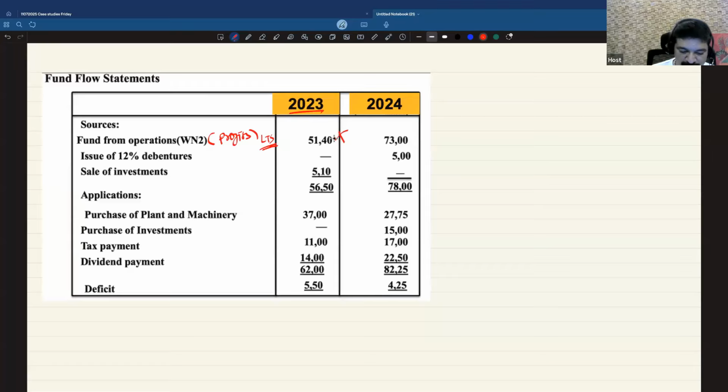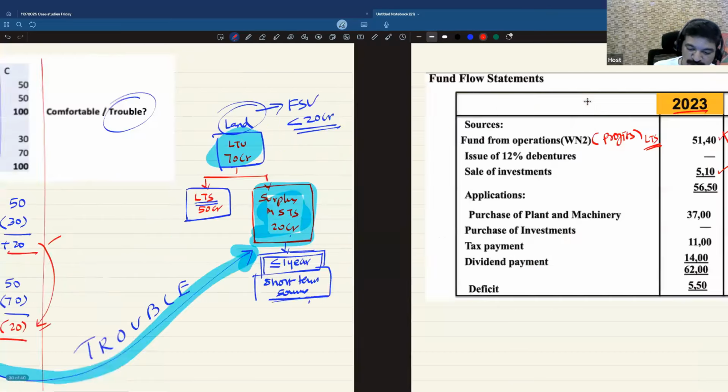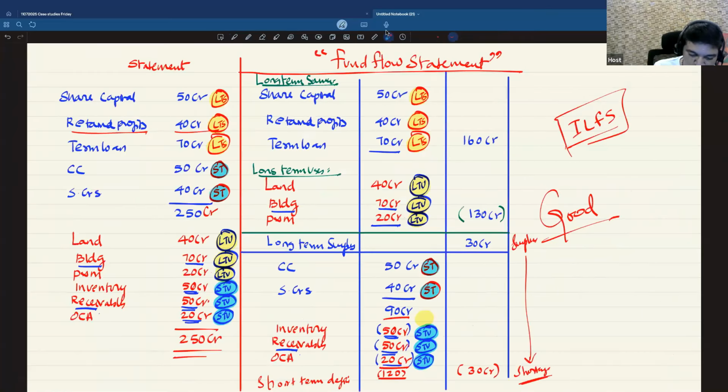And they have sold some investments also. If purchase of assets and investments are long-term use, then sale of it should be considered as long-term source. Agreed or not?